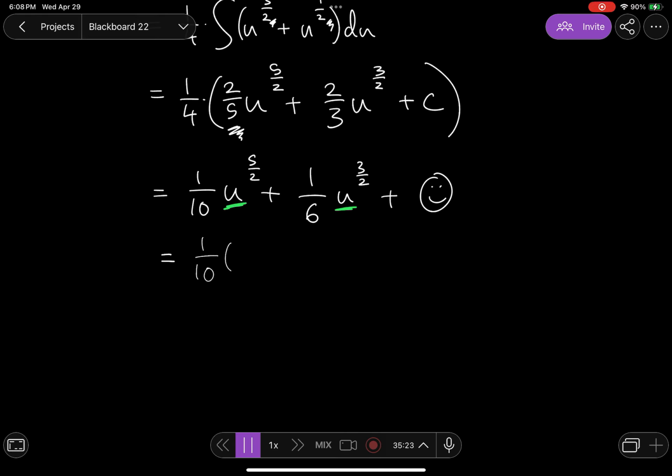Remember, I don't want to answer a question in a different language. That will be 2x minus 1 to the 5/2 plus 1/6 2x minus 1 to the 3/2 plus that constant of integration. Call it good.